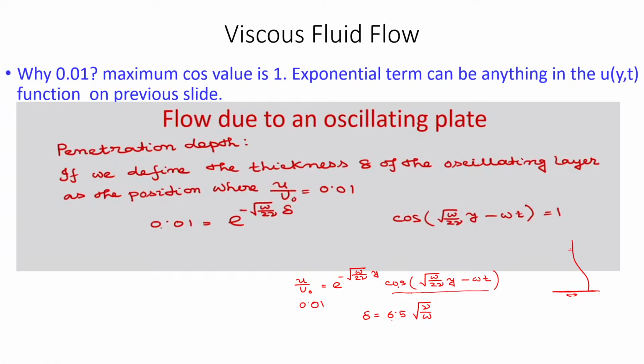Say, if this cos value becomes 0.5, then if you calculate, your delta will become almost 5.53 root nu by omega. So in this case, with cos as 1 it is 6.5, and with 0.5 it is lesser than that. So obviously the maximum value is what we are considering, and for that reason we are considering this cos term as 1, which is its maximum value.